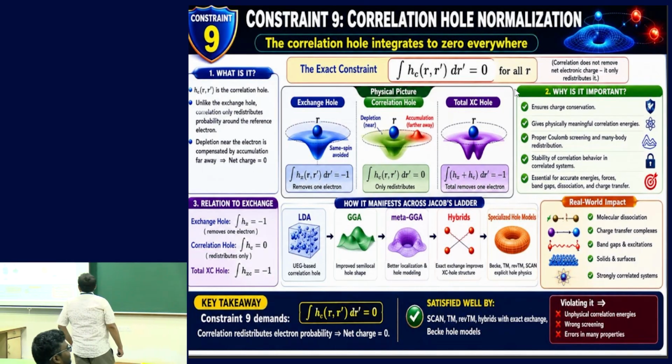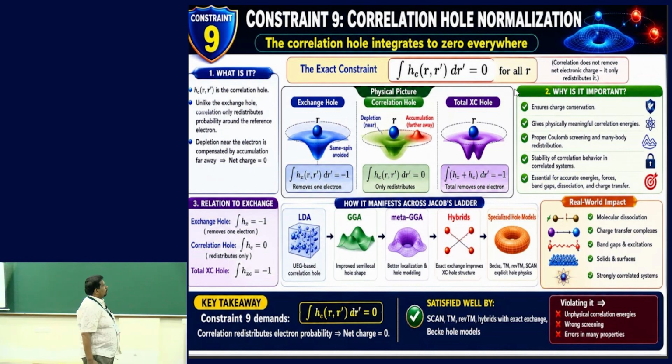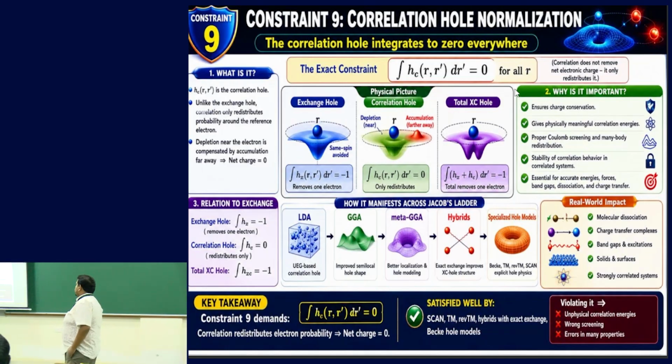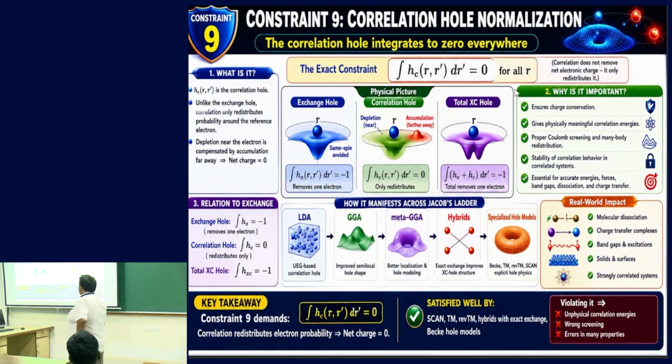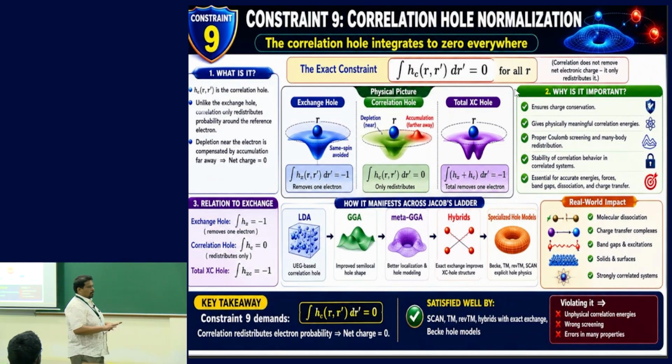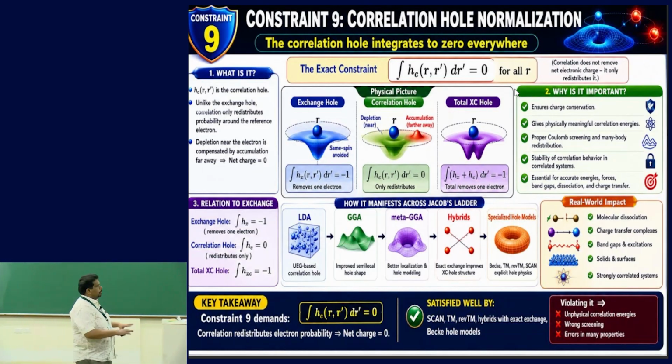So, what is this correlation hole normalization? Okay. So what is happening? If you look at this exchange phenomenon and correlation phenomenon: exchange tells that same spin electrons cannot be around, so it will be like there is nothing.